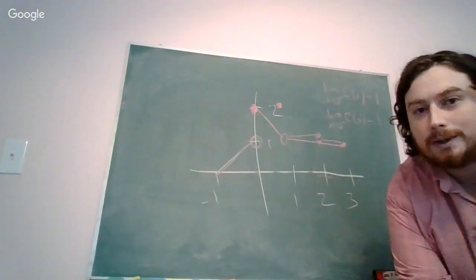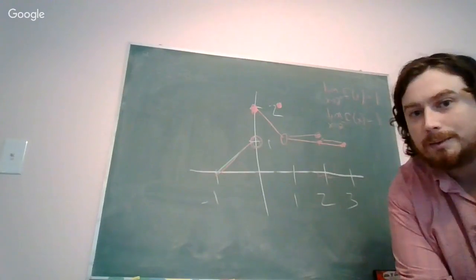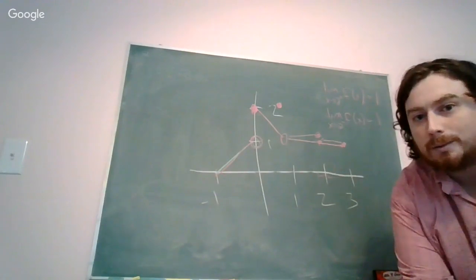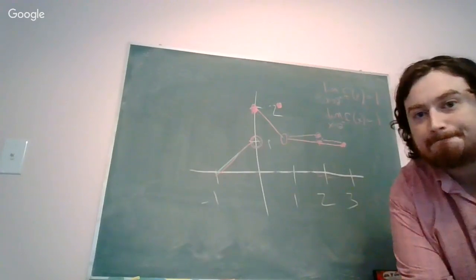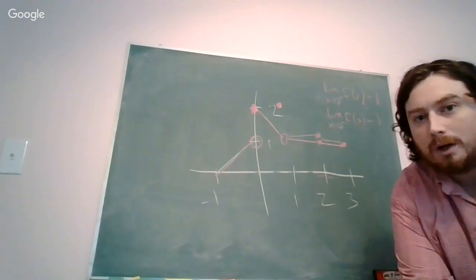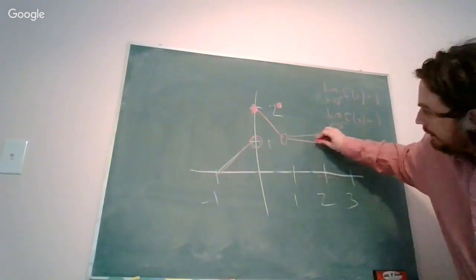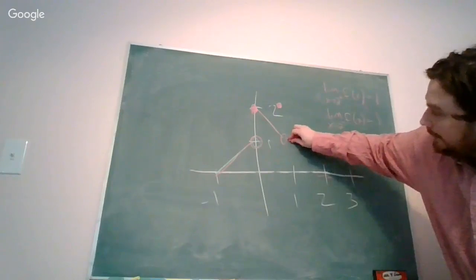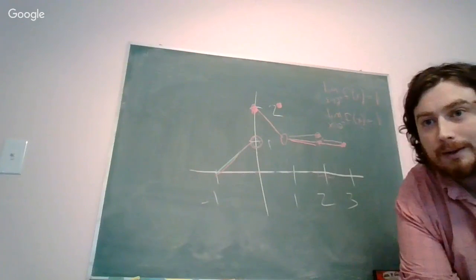That means the two-sided limit, the limit as x goes to 2, is also equal to 1. Remember, the important thing here is we come in from the left and we come in from the right. If we get the same value, then the limit exists and is equal to the value that we got. Now, if we look at 1, the limit as x goes to 1 from the left and the right: as we go to 1 from the right, the y values are getting closer and closer to 1 because we have a constant function here equal to 1 all the time.